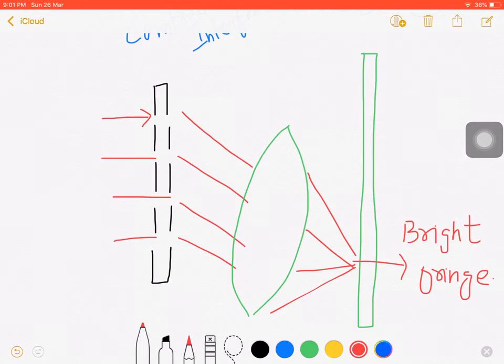One thing to remember over here: if we create a normal, it will be like this. This is the path difference, and here it will become theta. It goes lambda, 2 lambda, 3 lambda, 4 lambda. You'll be wondering where this lambda has come from.